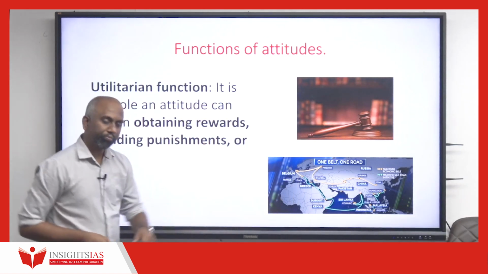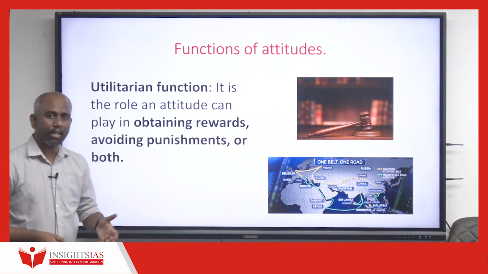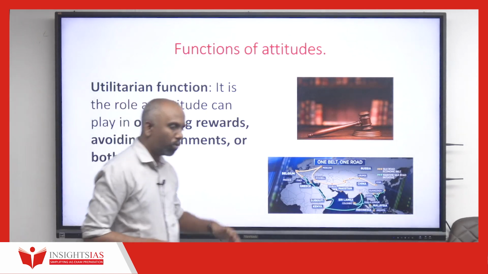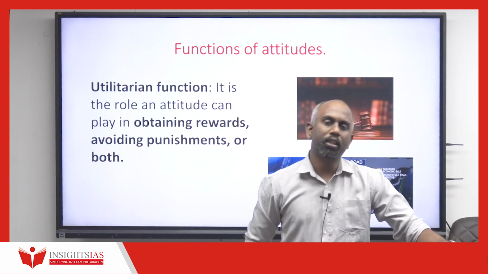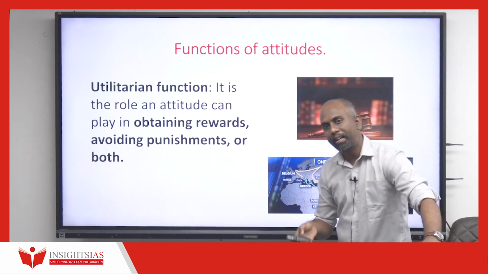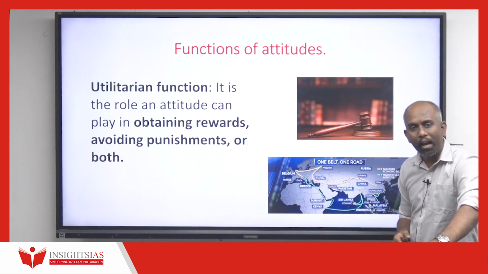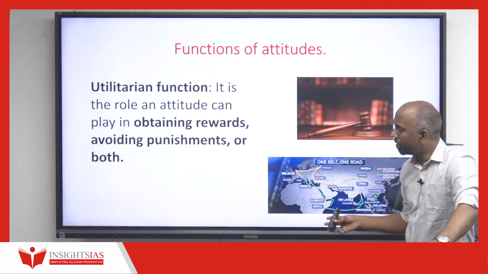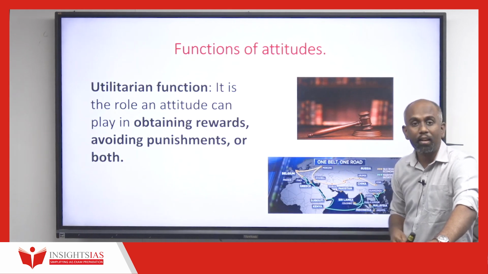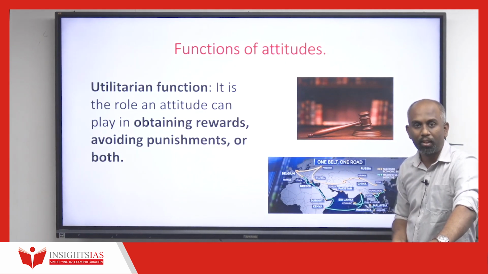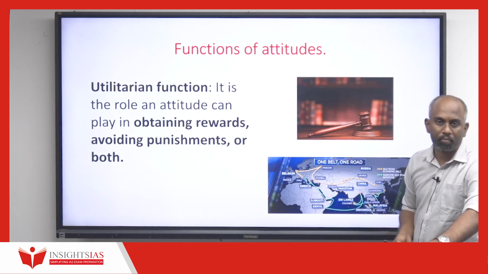One more example is the One Belt, One Road initiative. This is an ambitious project of China. All of you know that. Many countries are participating in this project. Why are they participating? They are participating because they think their participation will win them rewards or pleasure. They are not thinking of the whole picture.